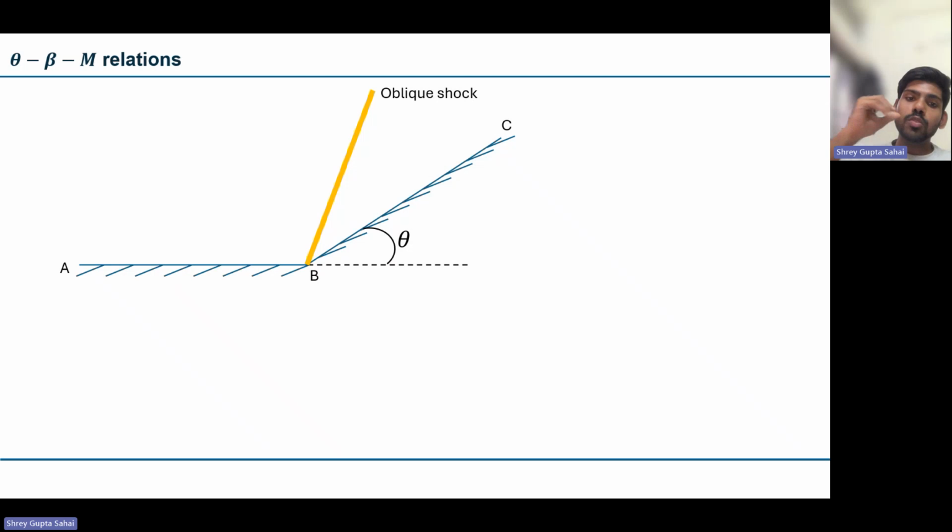Now the control volume we will choose will be of this sort. So it will be something very parallel to this surface.